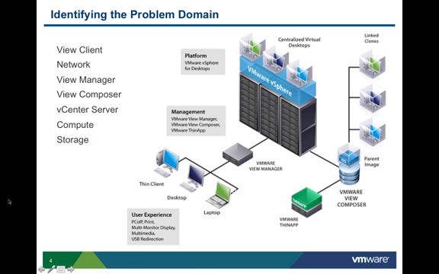So let's take a look at the problem domains within a View environment. First, let's quickly discuss and go over the View architecture. At the front end of View, of course, are the View clients. These are the physical end devices that users will use and have a View client installed on them. The users will then connect to the VMware View Manager or connection server, and this potentially could be a security server sitting in a DMZ or a connection server on a local area network.